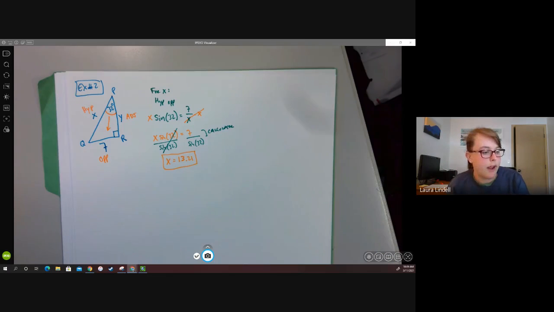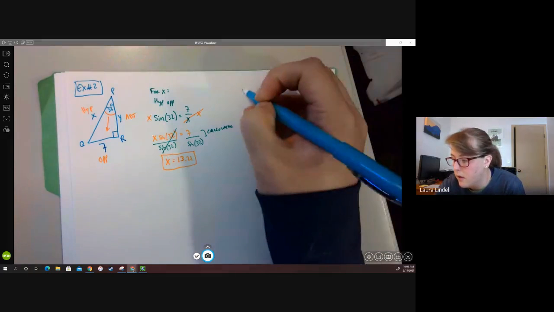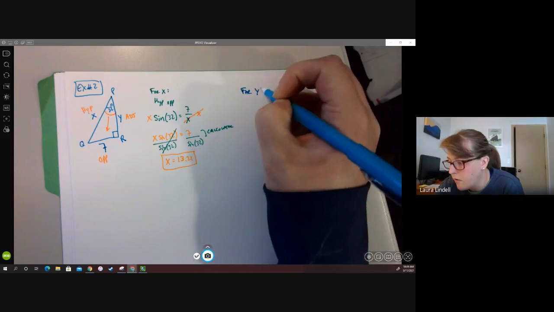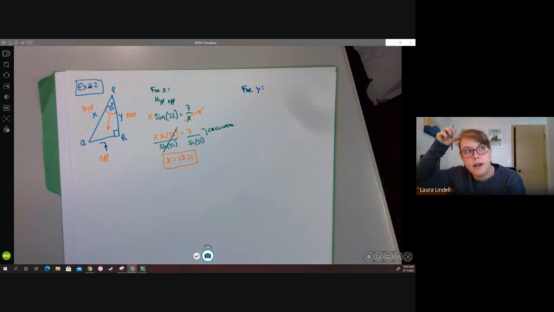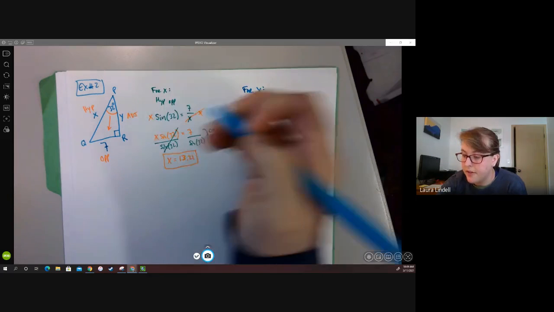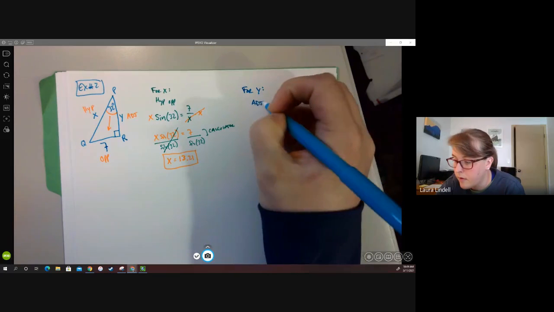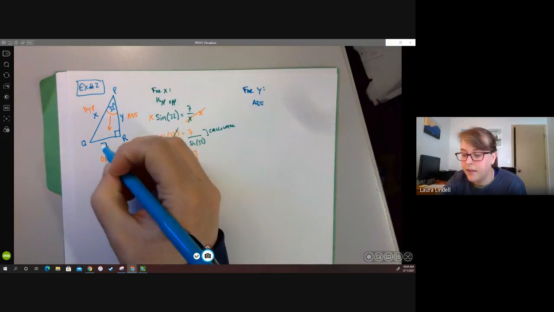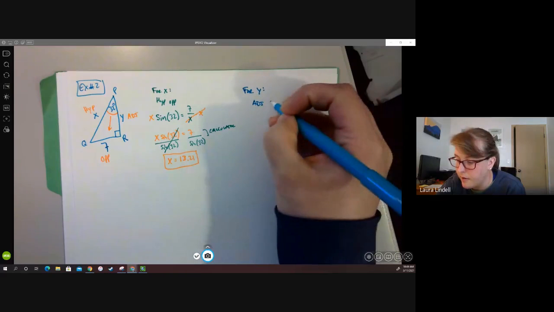All right, so we solved for x. Now we want to solve for y. y is the adjacent side, and the side that we know is the opposite side.